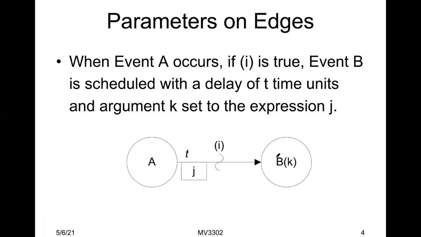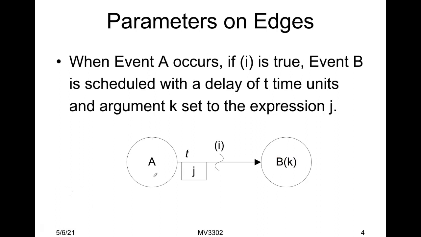So here's an event, and event B has an argument that I called K, just as a generic term. An event can have as many or as few arguments as you like, just like with a method. Although it's generally best to not have any more than 2. One or 2 at the most is generally recommended, but you can have as many as you want.